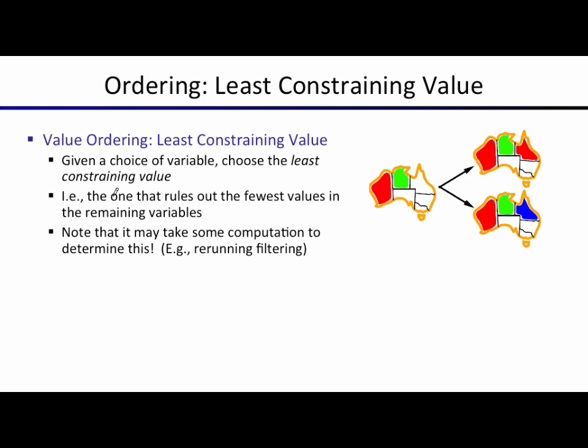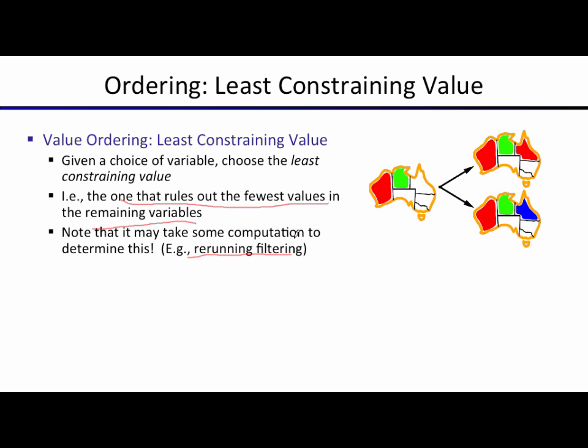I'm going to look at the one that rules out the fewest values in the remaining variables, and that's the one I'm going to pick. How do I know how many values it rules out in the remaining variables? Well, I have to rerun filtering or do something like that. Like pretend that I assign this value and then see what consequences are. So it does require some computation.